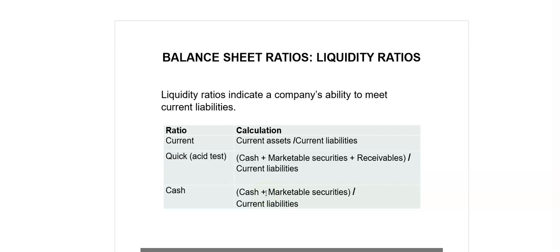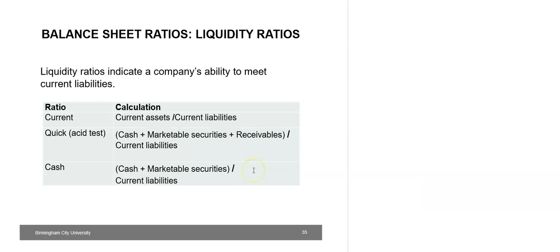It reflects the number of pounds available in cash and marketable securities to pay 1 pound in current liabilities. A cash ratio of 1 indicates that to pay 1 pound in current liability, the company has 1 pound in cash and marketable securities available. The higher is the cash ratio, the better it is, just like in the case of quick and current ratios.